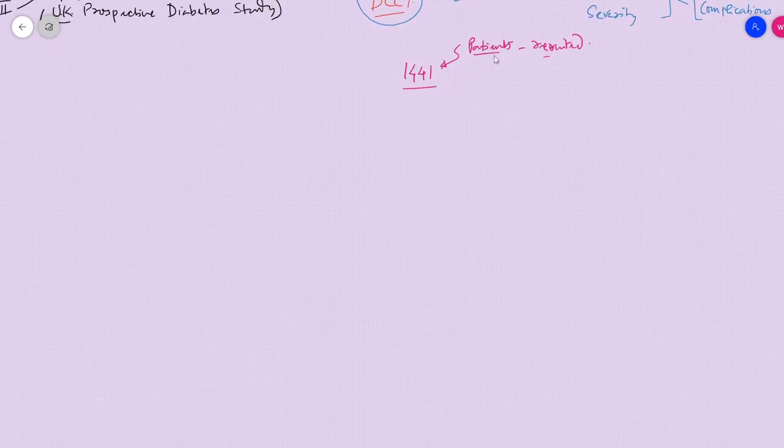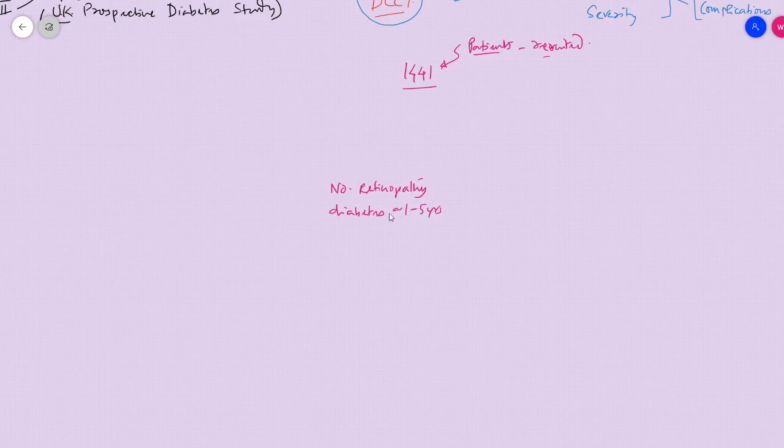The criteria were that one group of patients were not supposed to have retinopathy, and they should have had diabetes for 1 to 5 years.